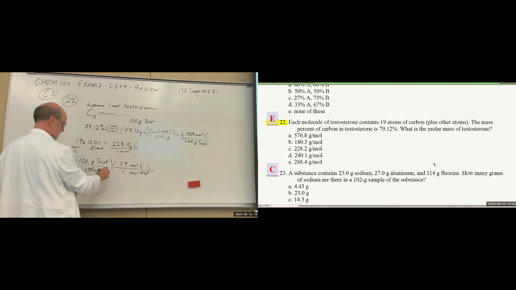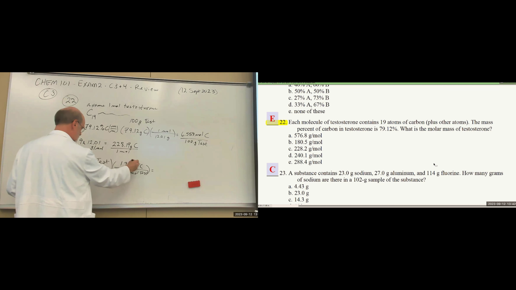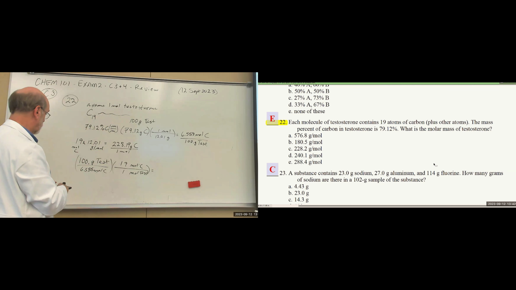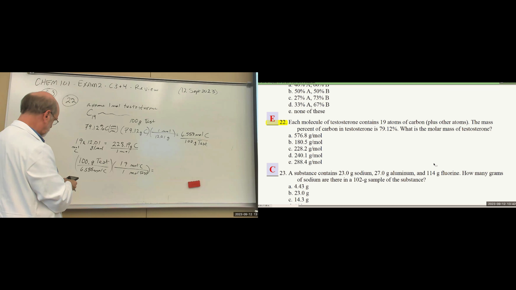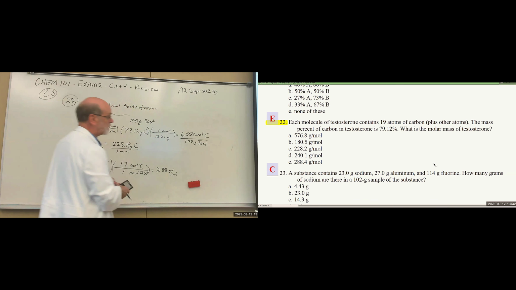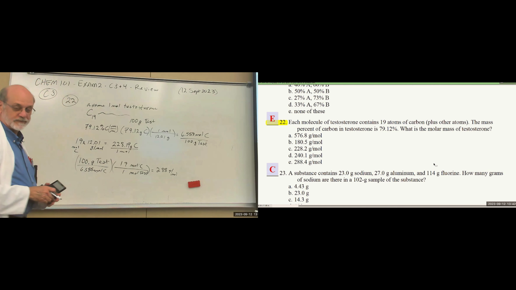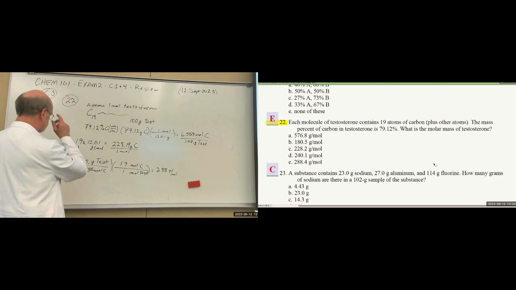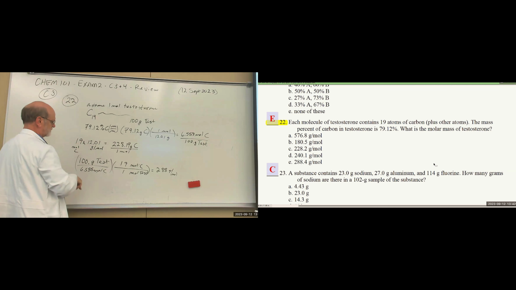So that gets rid of this one, and leaves us with grams of testosterone per mole of testosterone, which is what they're asking for. That's 288. So that's why E is the answer. I'm not sure why this didn't work.